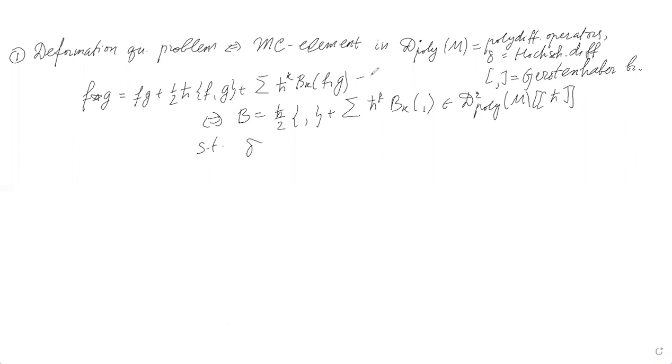So this is associative if and only if delta B plus 1/2 of [B, B] is equal to 0. That was the first thing.